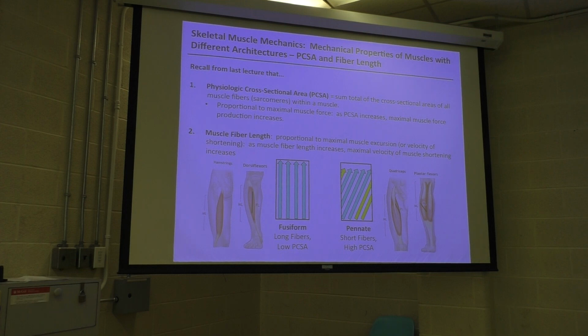Could someone tell me the pros and cons of long fibers? Greater velocity. Okay, and why? Because the fiber is longer, there are more sarcomeres, and they're faster to overlap.